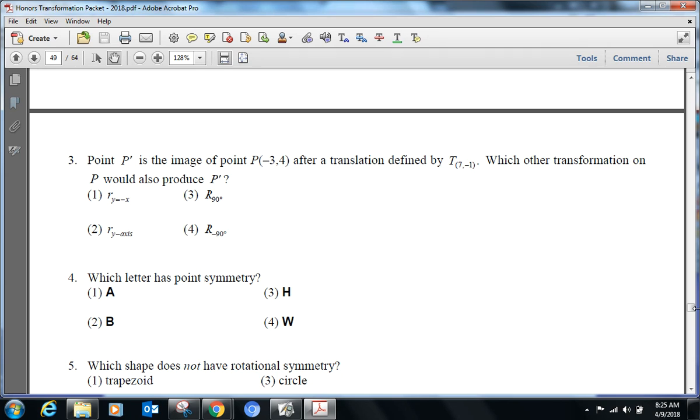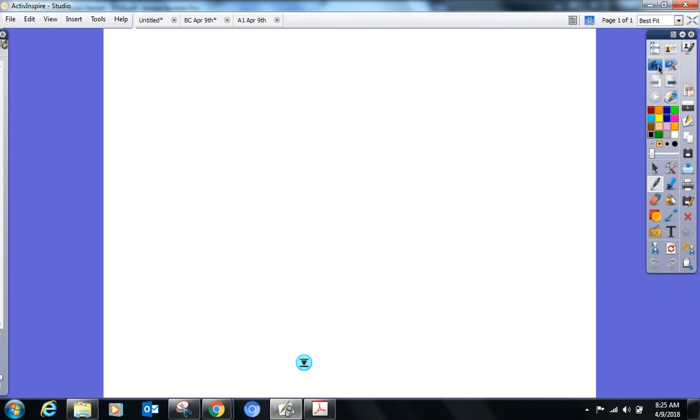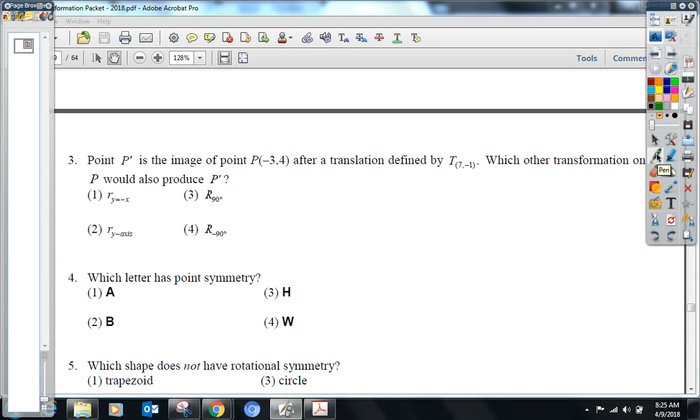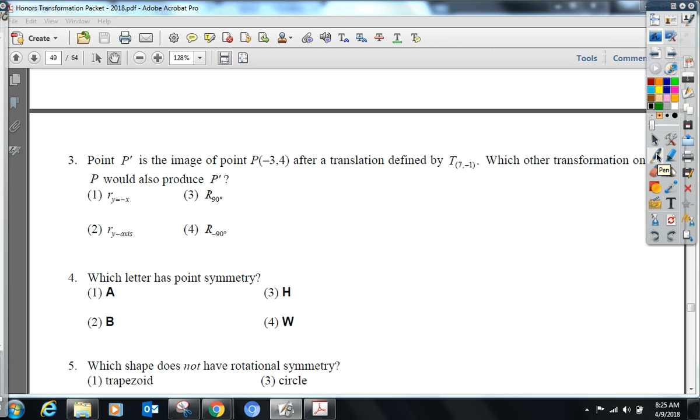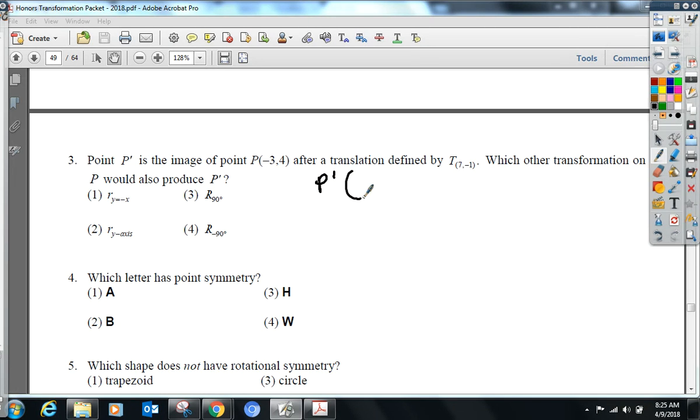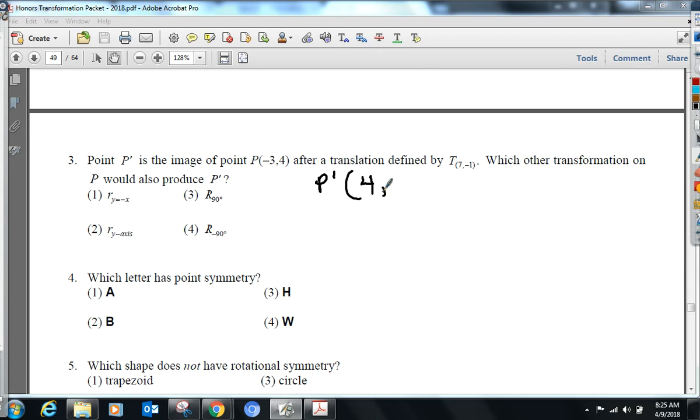Okay, so point P is the image after I translate it. So point P now would be, well, let's say 4. That's where point P is. So it's saying, all right, what else could I do to negative 3, 4 to get to 4, 3?